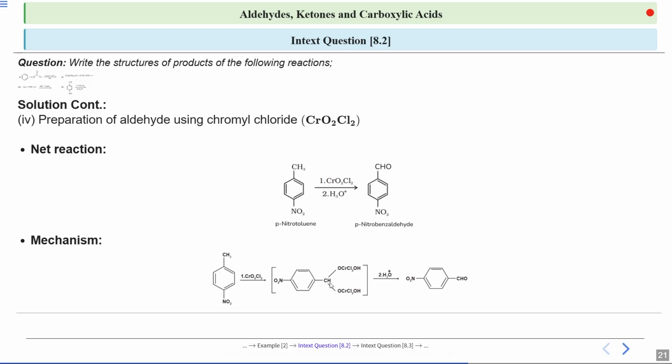This intermediate is not stable, and it eliminates the hydrogen from the methyl group, and then water is added to break this gem-dichloro intermediate through hydrolytic cleavage. This is then converted into an aldehyde group, which yields para-nitrobenzaldehyde. This is how from para-nitrotoluene you got para-nitrobenzaldehyde.